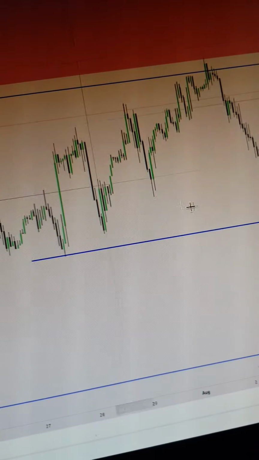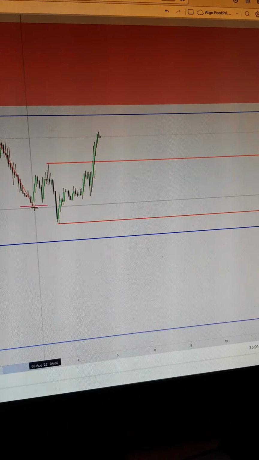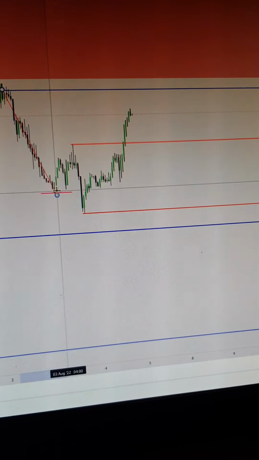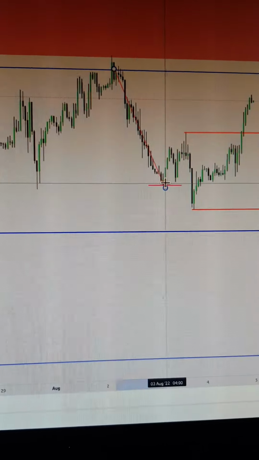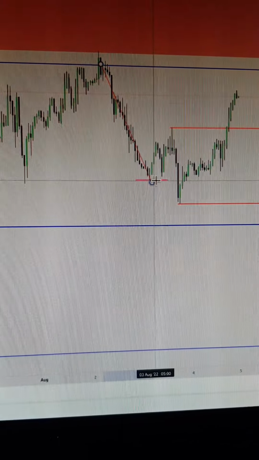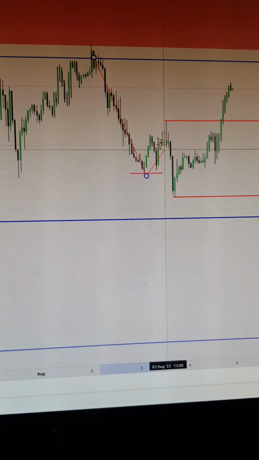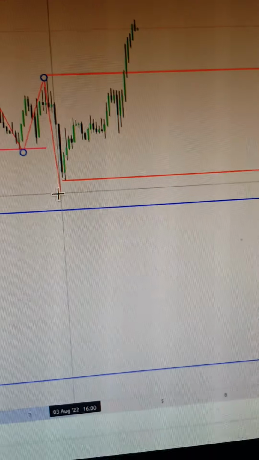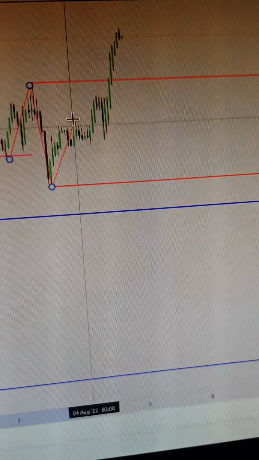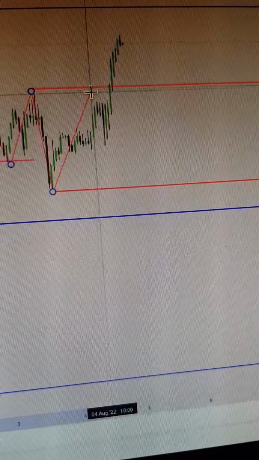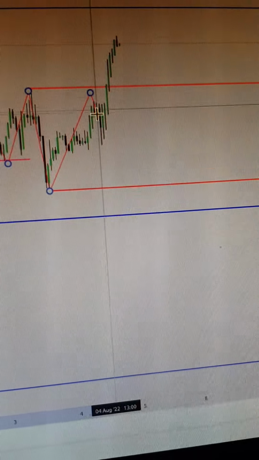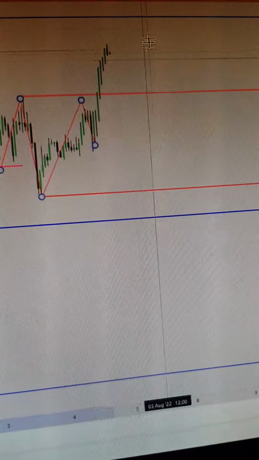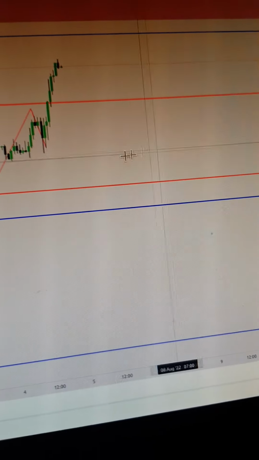Now, when price comes here, makes this low, price goes right here. This is on H1. Then price comes here and returns. I want to show you something.